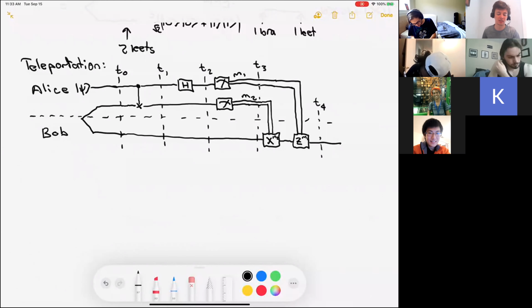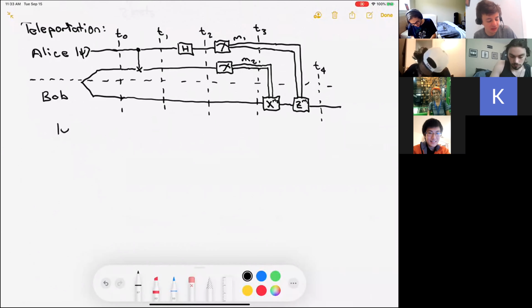And we're just going to track the state all the way through the process. Okay. It's going to be helpful to expand psi as alpha 0 plus beta 1, as usual.